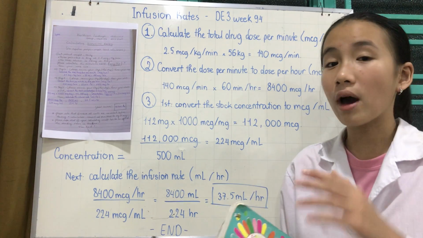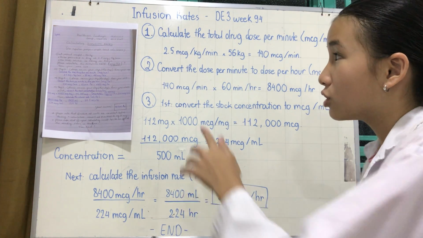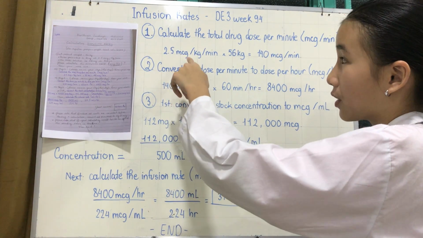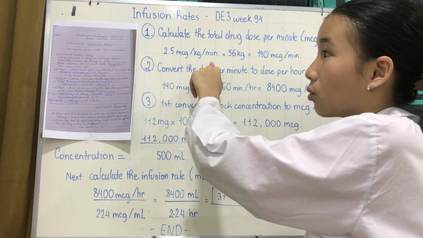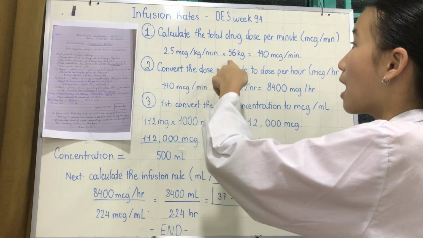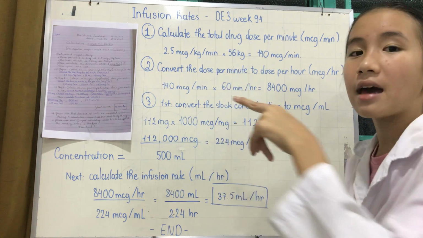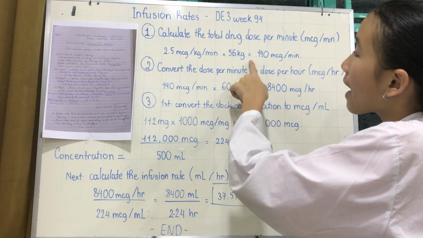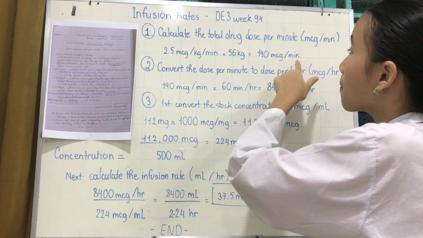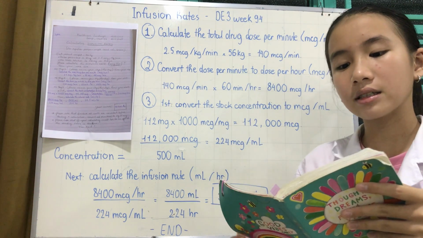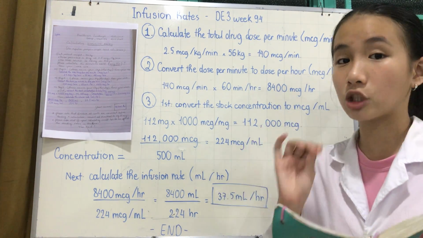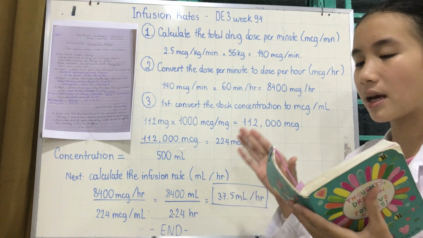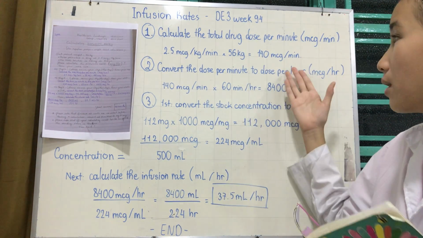So what I did is I took 2.5 micrograms per kilogram per minute, which is the dose rate, and then multiply that by the patient's weight, which is 56 kilograms, and I have 140 micrograms per minute. So that is the first one, where we will take the dose rate times the patient's weight, and that is the total dose per minute.